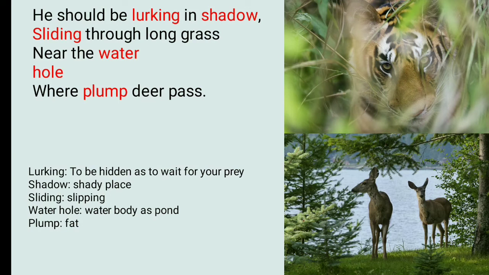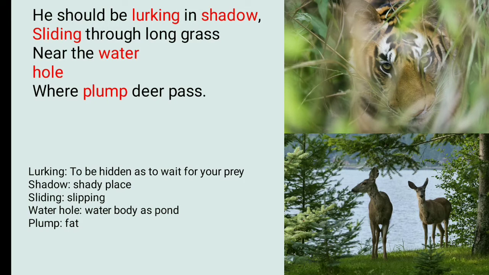He should be lurking in shadow, sliding through long grass near the water hole where plump deer pass. He means the tiger. Here the tiger is presented in the natural habitat, in the forest. In the previous stanza, the poet has presented the tiger inside a zoo, imprisoned in a cage.